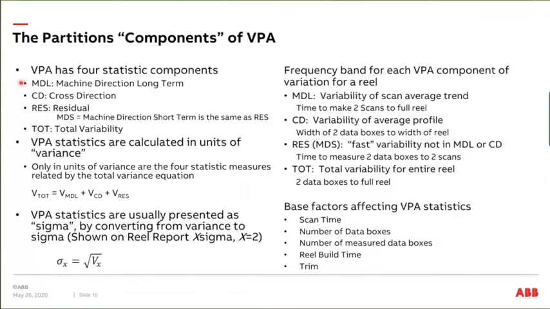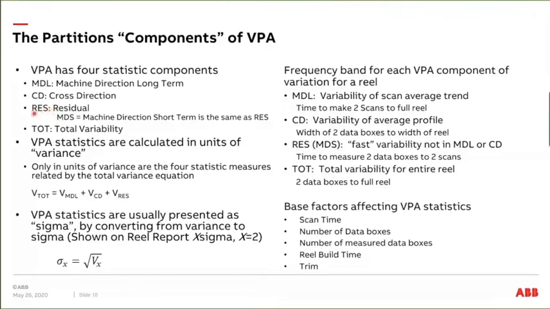The three values we're going to discuss are MDL, which is the machine direction long term, the cross direction, which is the CD component, and then this one. Now, on the ABB systems, you may see it called residual, or you might see it called MDS. Traditionally in history, we refer to it as MDS quite a bit, but also as residual.